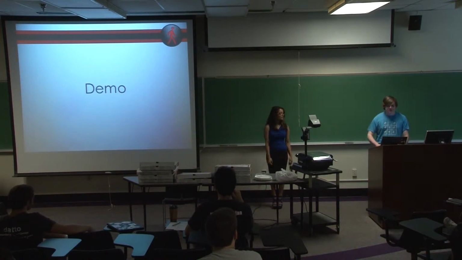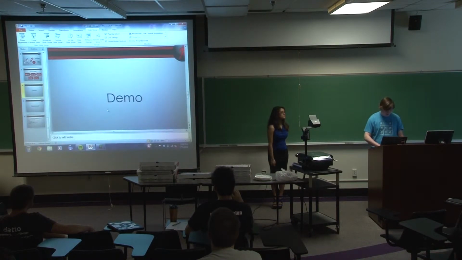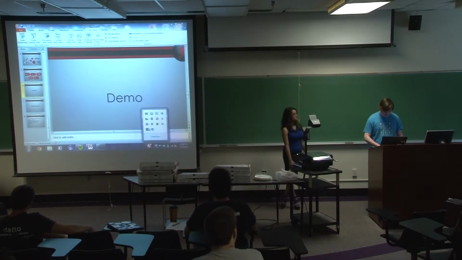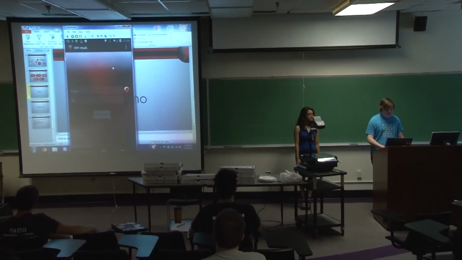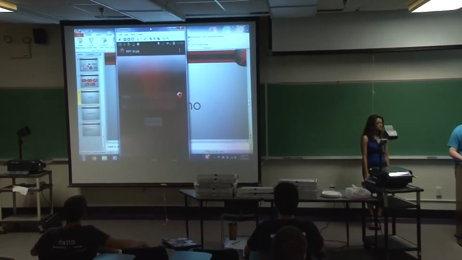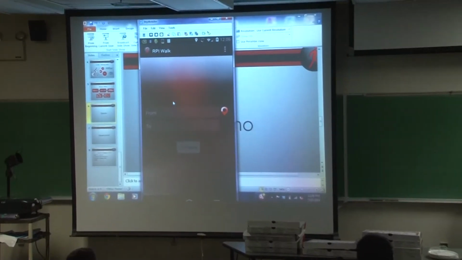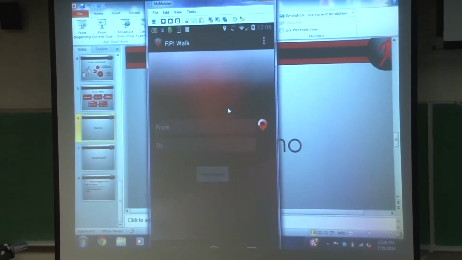Okay, and so now we have a little demo for you here. So if I can just pull this up. Alright, so here is the main screen of the app. It has from and to.